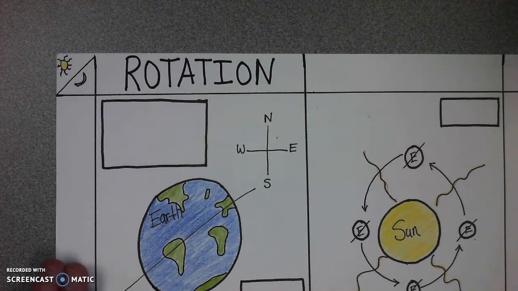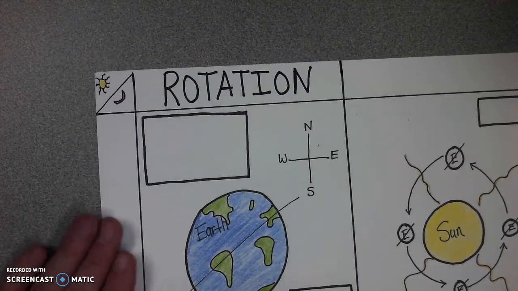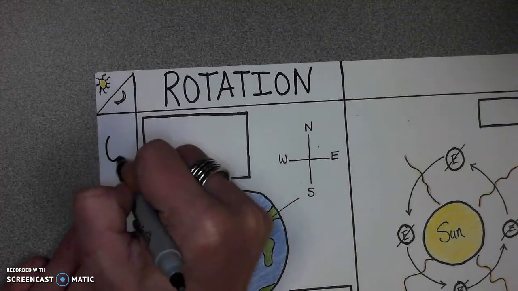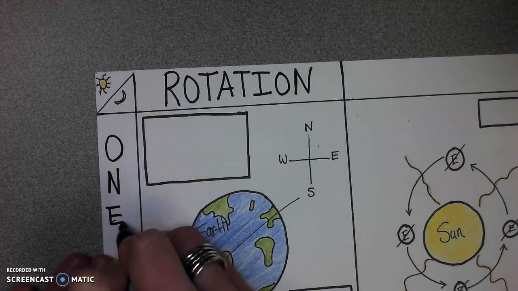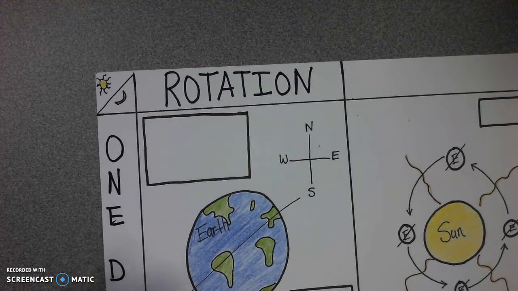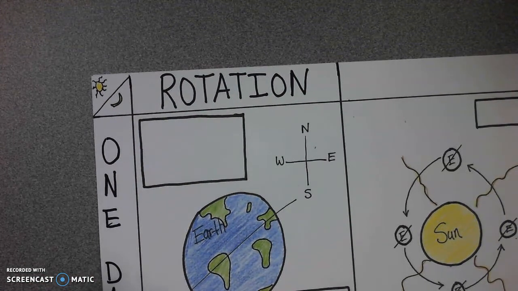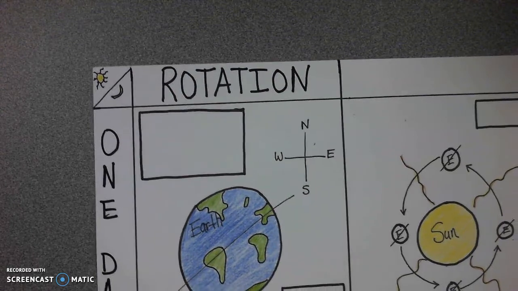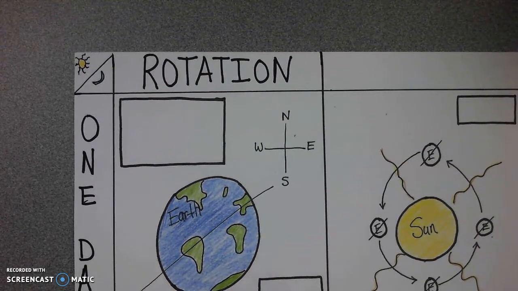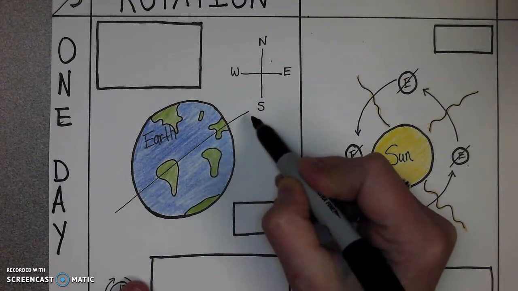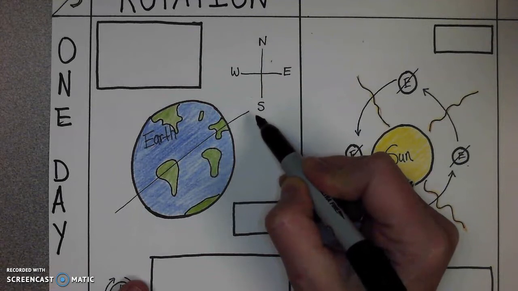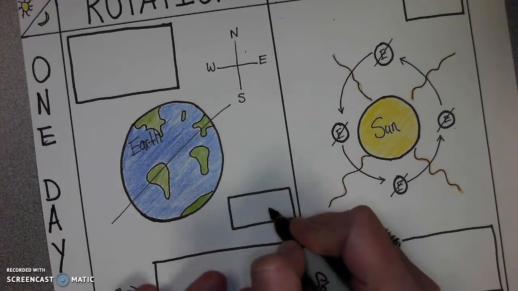This is what we're talking about: this 24-hour day period. So over on this side, I want you to just put one day, because this is all we're talking about. When we have a rotation, it's one day. That's it. 24 hours. Now I want you to notice something. Right here we have our Earth's axis, and I want you to notice that it's tilted at a 23.5 degree angle.